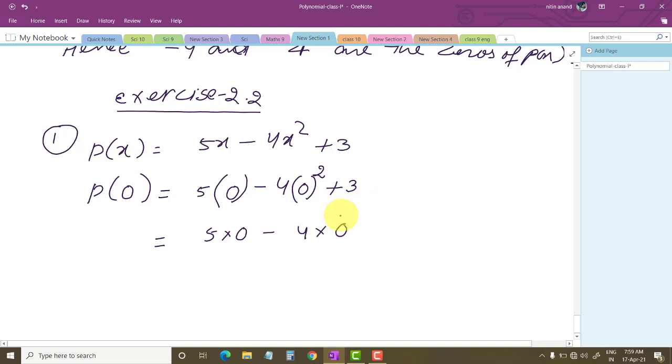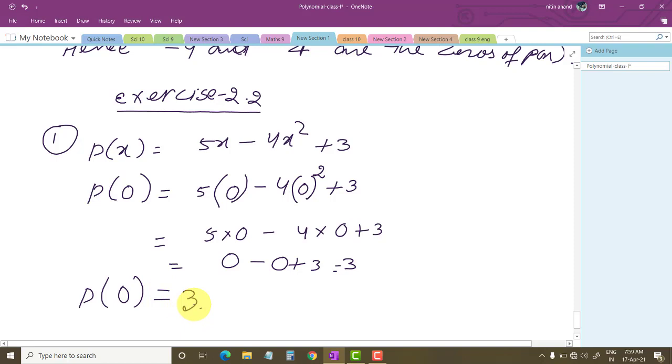Plus 3. Now it becomes 0 minus 0 plus 3. Then the value of this polynomial at the point 0 is equal to 3. Hence we will write P0 equal to 3.